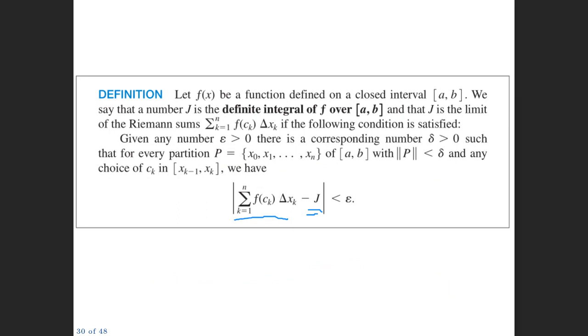So this definition is effectively the same as what I did on the previous slide, but in terms of epsilon and delta.